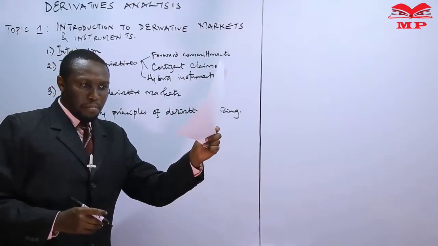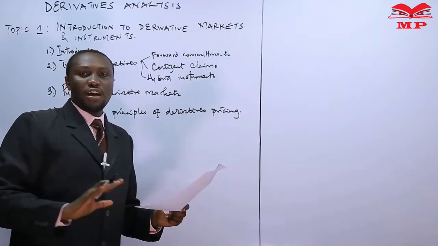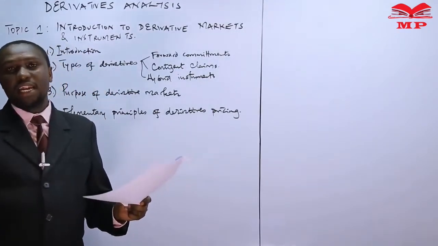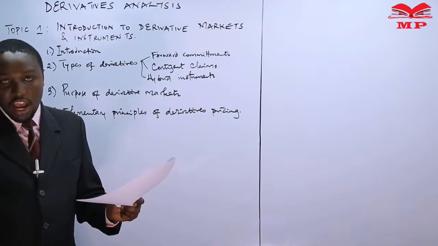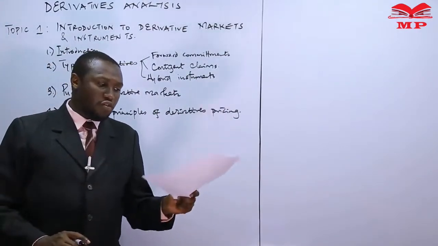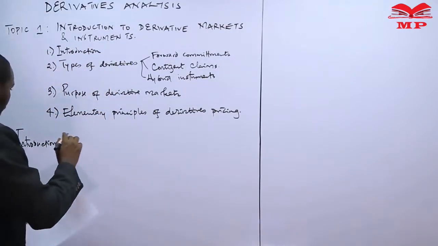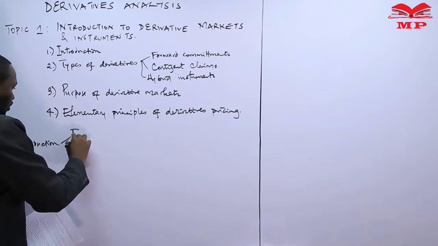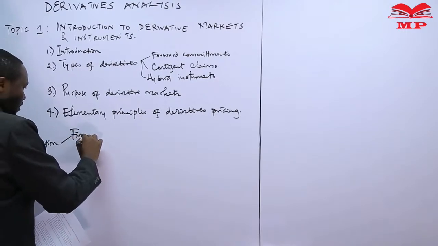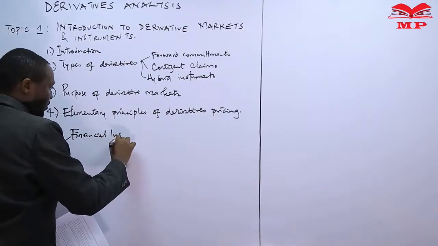If this paper is a derivative instrument, and then we have another instrument, an asset, like a share, from which this paper derives its value. So we are seeing that this is a financial instrument.